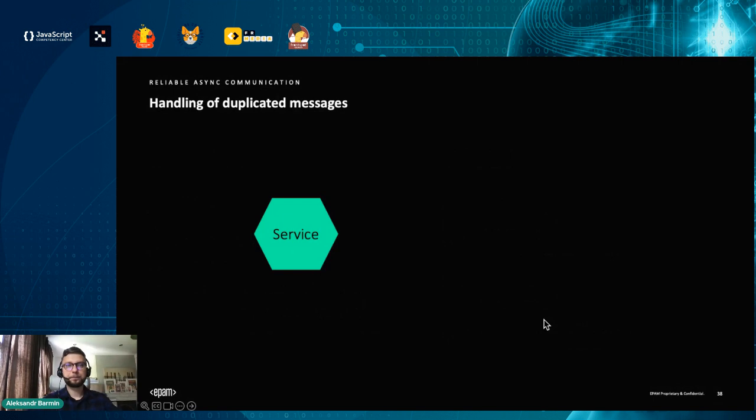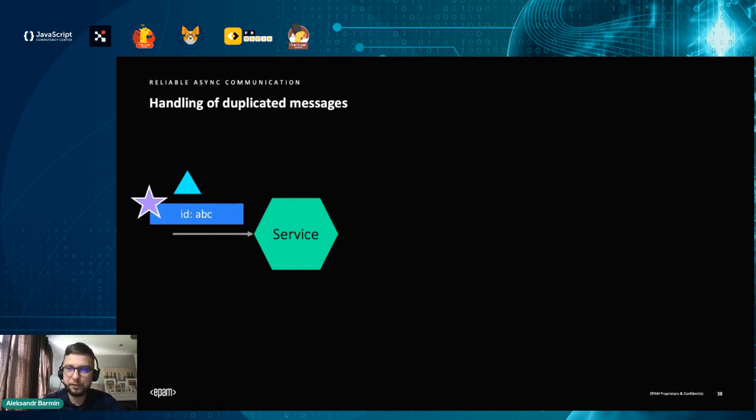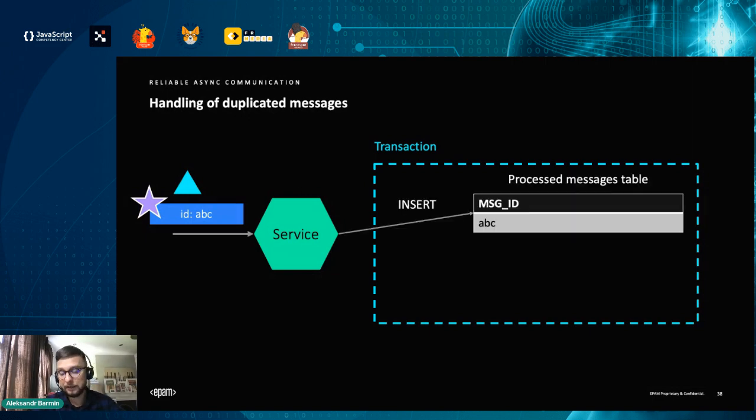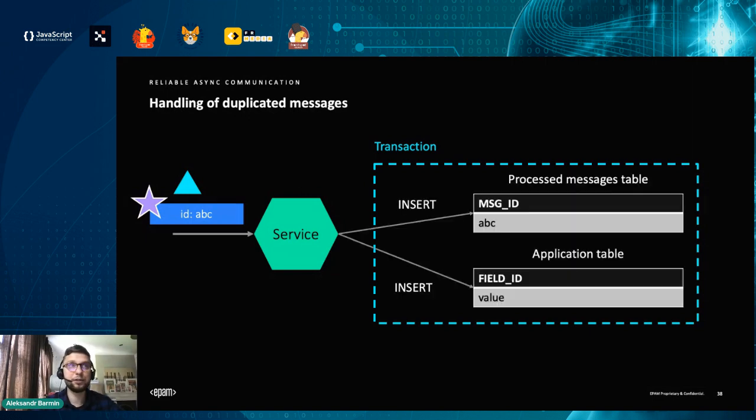Moving forward, handling of duplicated messages is actually a quite complicated topic. Because we have a message bus, we're keeping in mind that communication might not be reliable, so we should have a way to handle duplicated messages. The easiest way to do it is to store all the messages we have already processed in a separate table in the database, or separate collection if you're using a non-relational database.